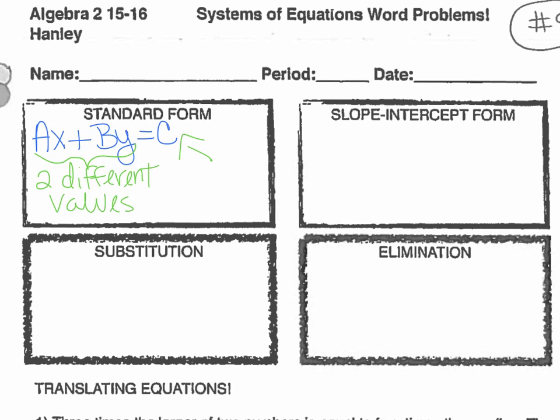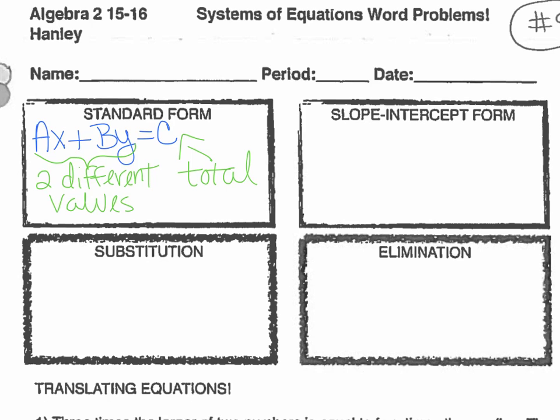And this number on the end here is going to be the total. So 30 cents for this one, 50 cents for this one. Together, they've sold $100 worth, something like that. So something that represents a total is what you're going to put in that last value there. And then on the left, it would be the two different values that would make up that total.